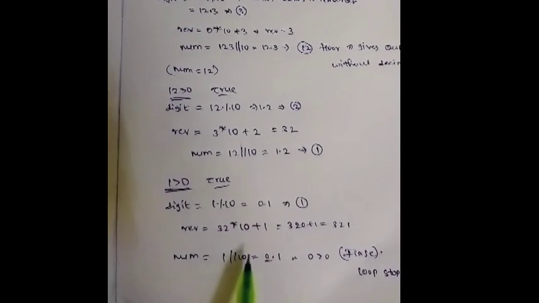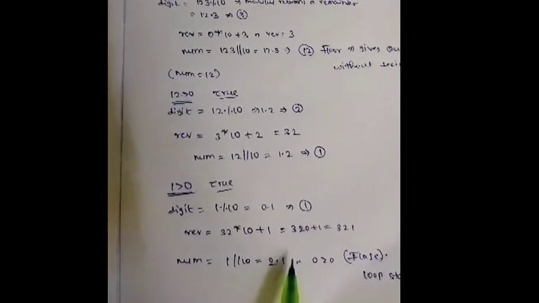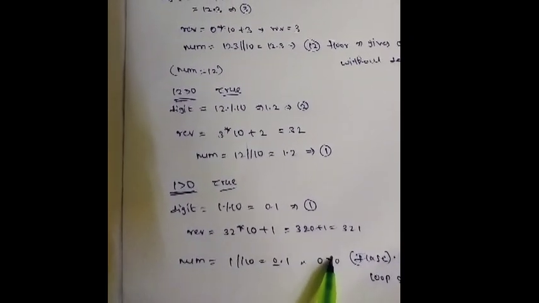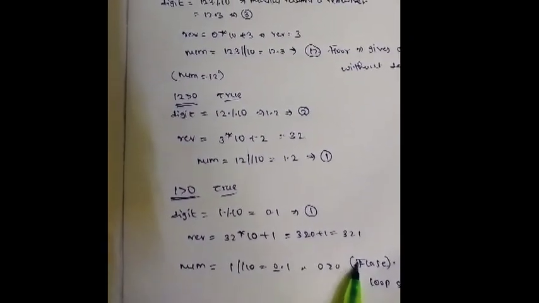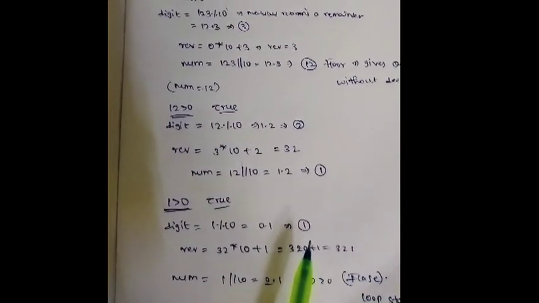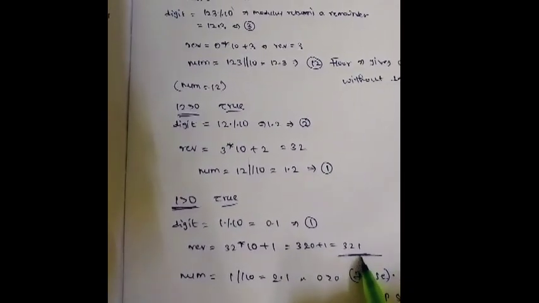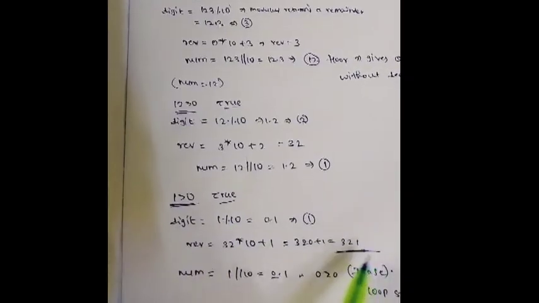From 1 floor 10 you get 0.1, but floor always gives the number before the decimal point, so you get 0. Is 0 greater than 0 true? It is false, right? The loop ends.